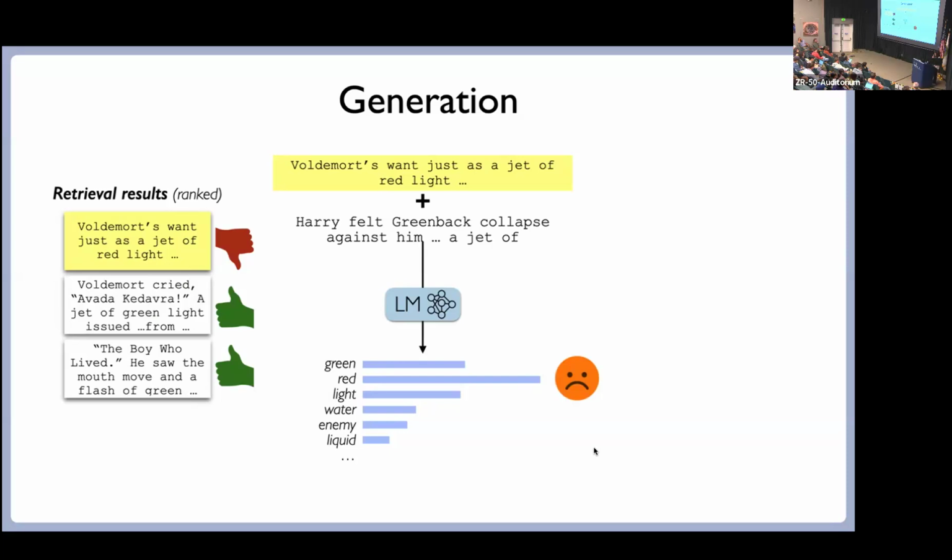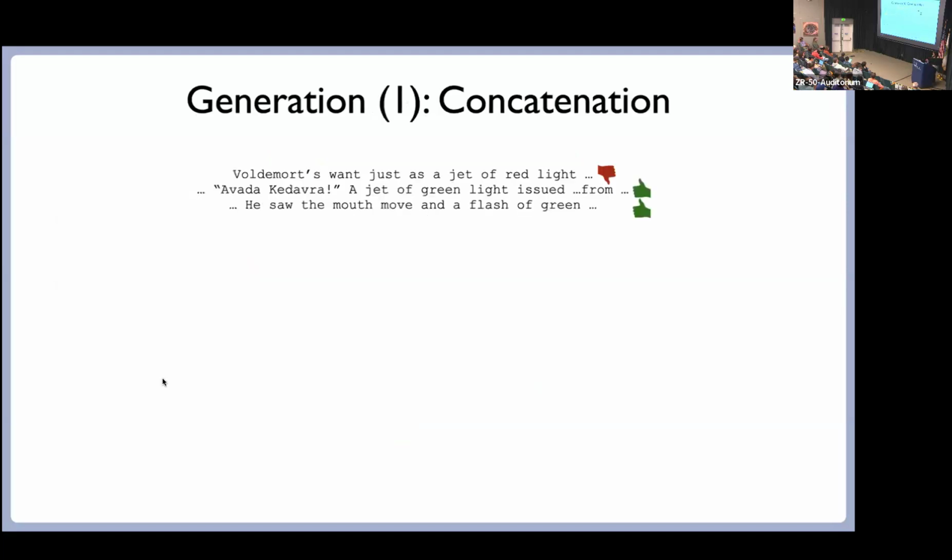And in this case, if you're only using the top passage, meaning it's an irrelevant passage, then the model is not able to make use of it. In fact, it's even worse than not using retrieval because this passage can be distracting. So now the key question is, how can we make use of multiple passages? Because if we were able to use the second or the third one, which are potentially correct, then we'll not have this problem.